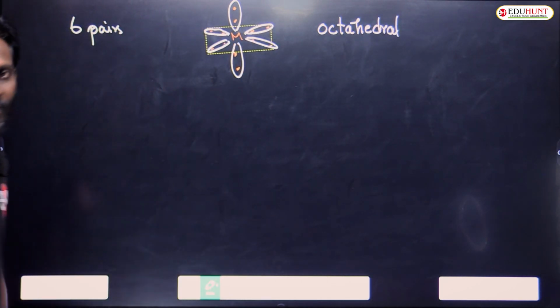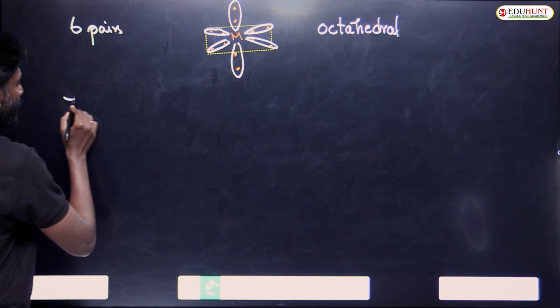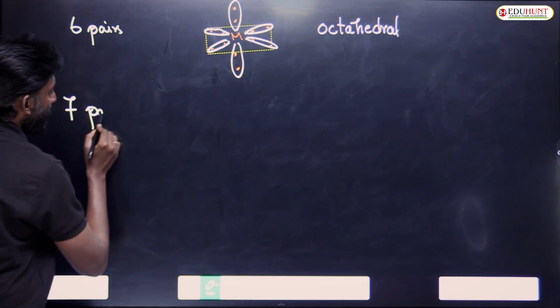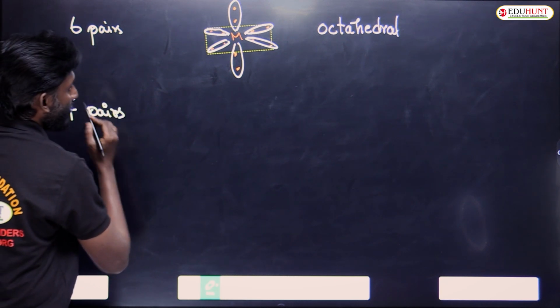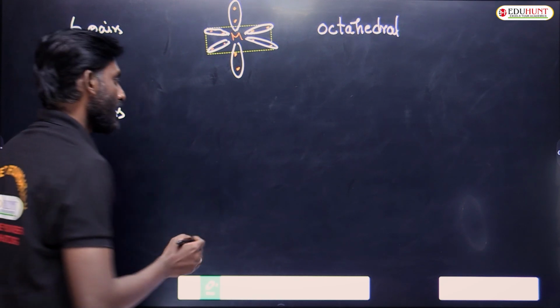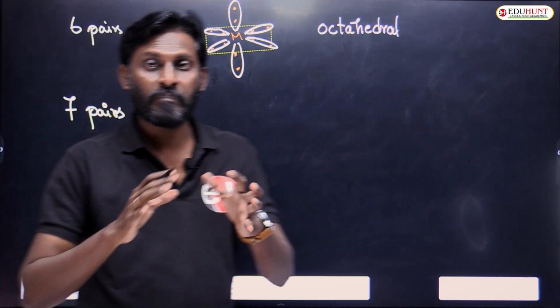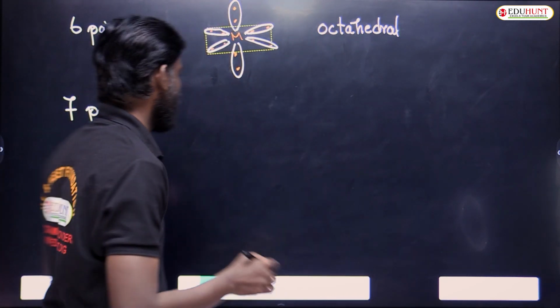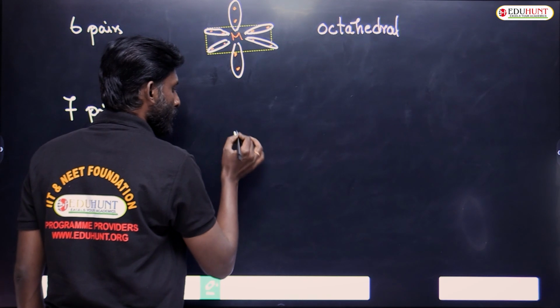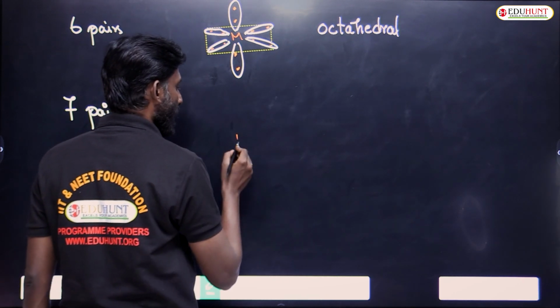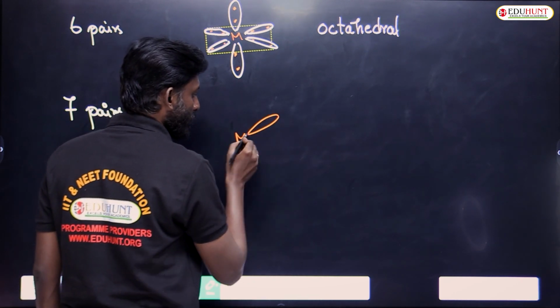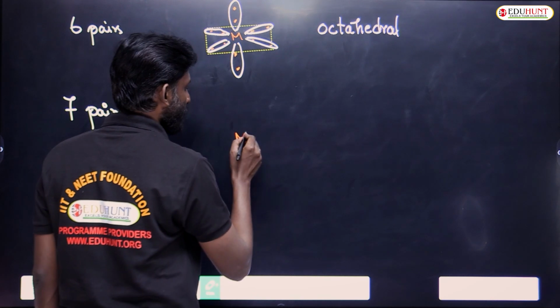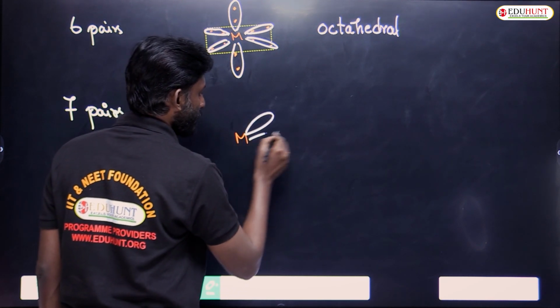Octahedral geometry. Okay? Yes. Similarly, when there are 7 pairs, then you are going to have pentagonal bipyramidal. That means if it is the central atom, make a pentagon with 5 pairs.